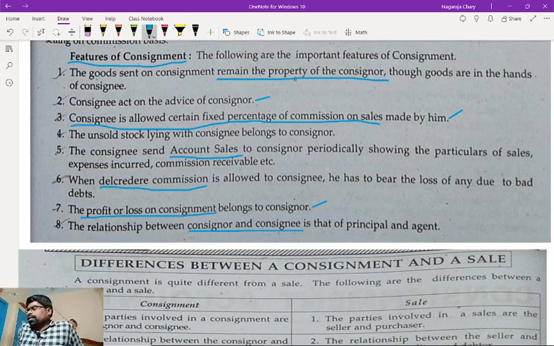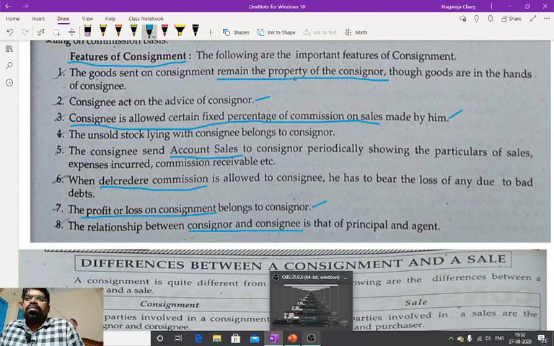Whatever the information, whatever the instructions given by consignor, the same is to be followed by consignee. Only the principal's instructions, the consignee has to act on.